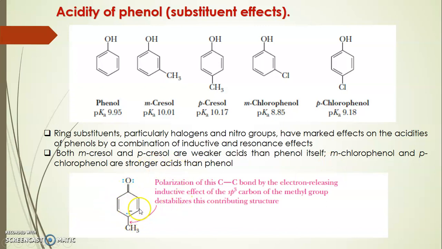The reason for the weaker acidity of cresol is the negative charge in this resonance structure.